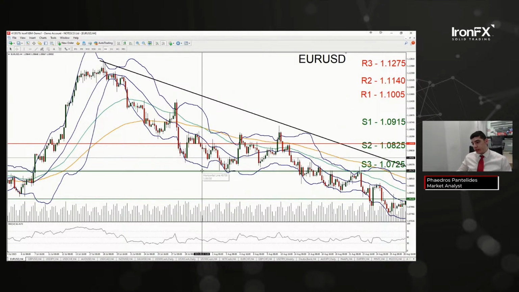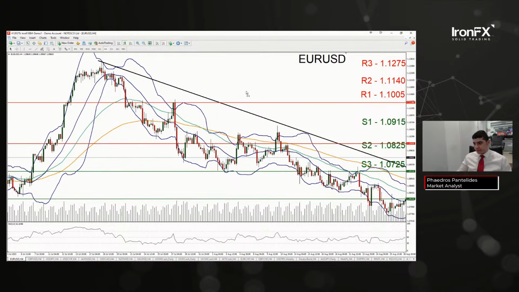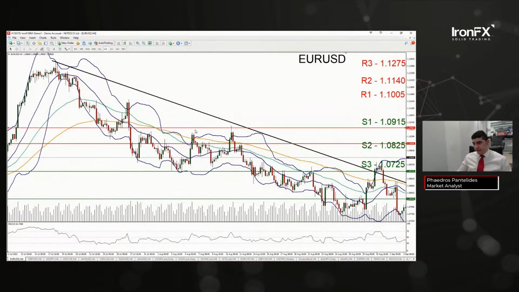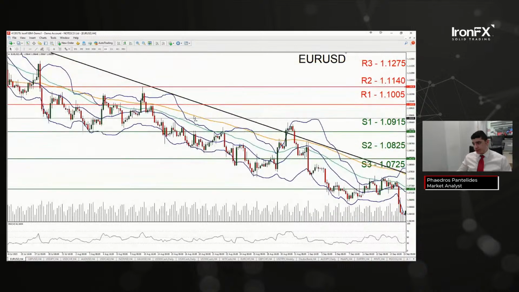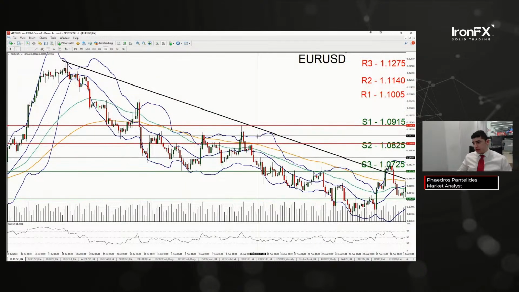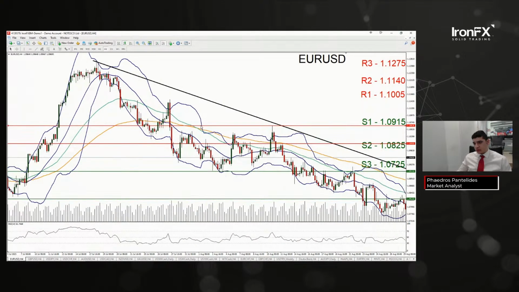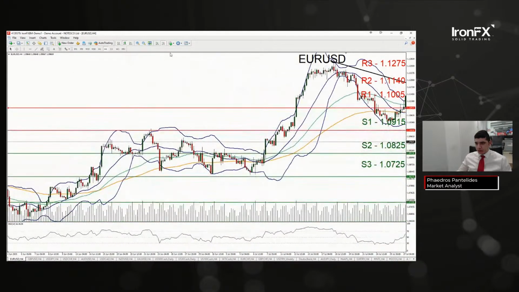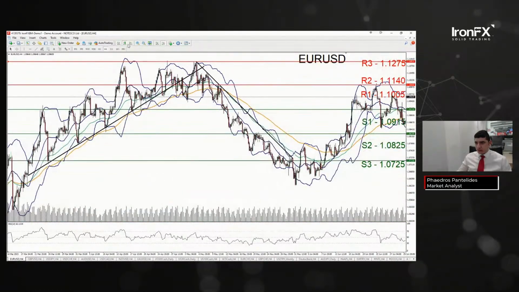Now between S1 and S2, we have 87.5 pips of distance between the support levels. Therefore, it could be prudent to have the same distance between our resistance lines if we can. Now, for R2, the distance between R1 and R2 here is 56 pips, a bit too close for me, so I'd rather come back.